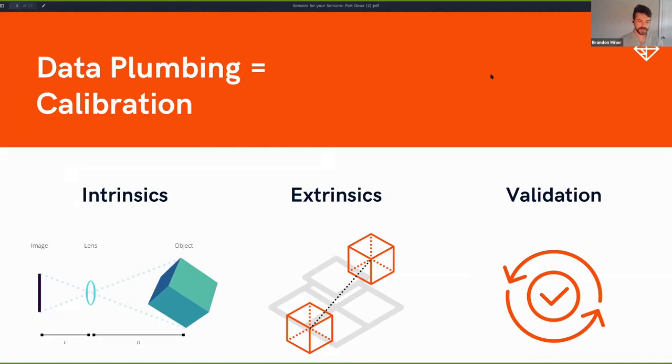Calibration really gives you the tools necessary to understand your data at a fundamental level, no matter the sensor it's coming from. So, say the cameras on that car, we're going to need to know how light bends through the lens. That's called its intrinsics, exactly the profile of the camera itself.